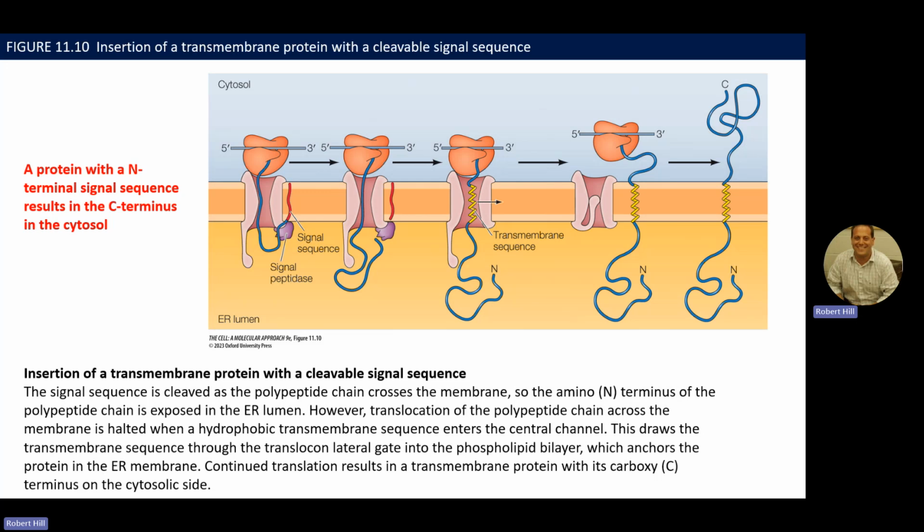When it comes across a transmembrane sequence, which is a stretch of hydrophobic amino acids, it causes the lateral gate to open, and then this thing starts moving into the membrane. The N-terminus stays in the lumen, and now the C-terminus, when it's done, is in the cytosol. Okay, so this is for N-terminal signal sequences. Make sense?